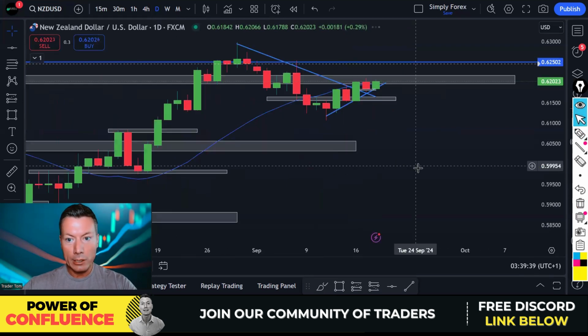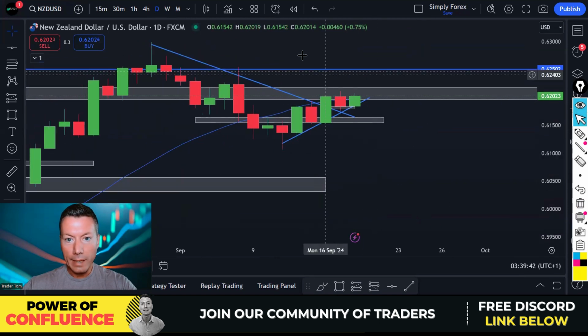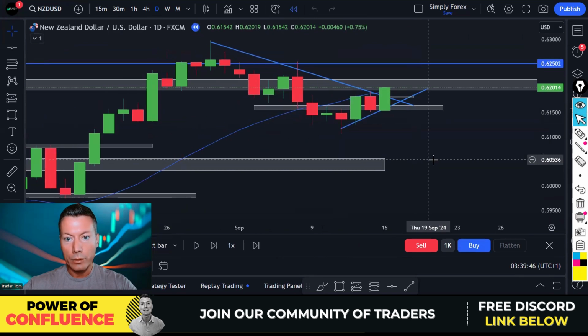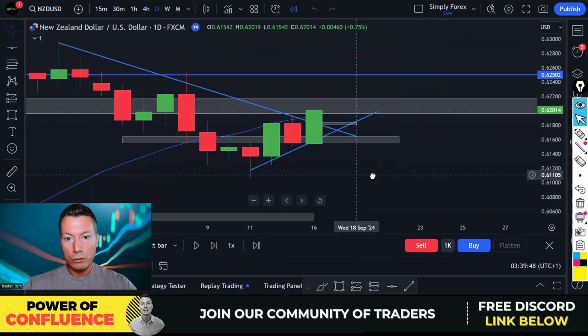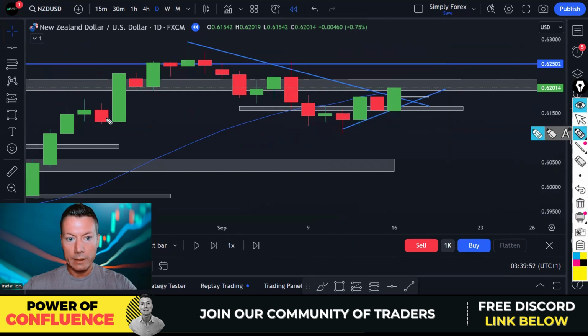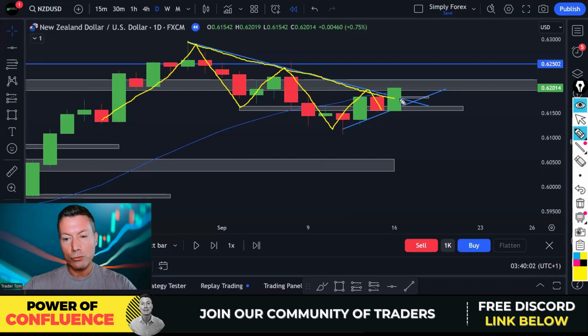Let's drop down to the day chart. Now I'm going to go back in time to specifically the daily candle that broke this trend line. As you can see, guys, we were in this uptrend, but ever since then price broke down, obeying this trend line here. That is the straightest line I've drawn this year.